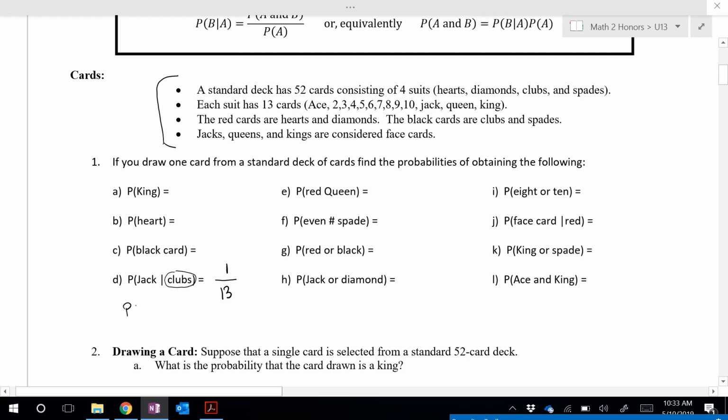What if I ask you what's the probability that we just get a jack? How many cards are there now? 52. And how many jacks are there? 4. And if we reduce that, we get the same thing. So in this case, it didn't matter that I put that extra condition on, right?